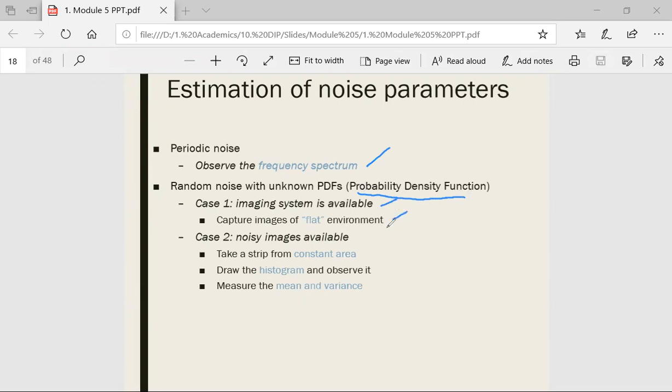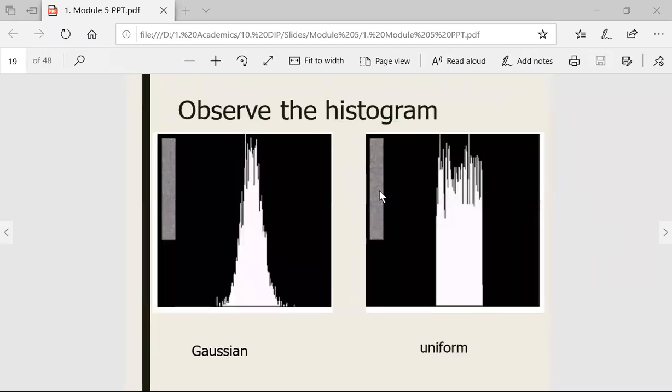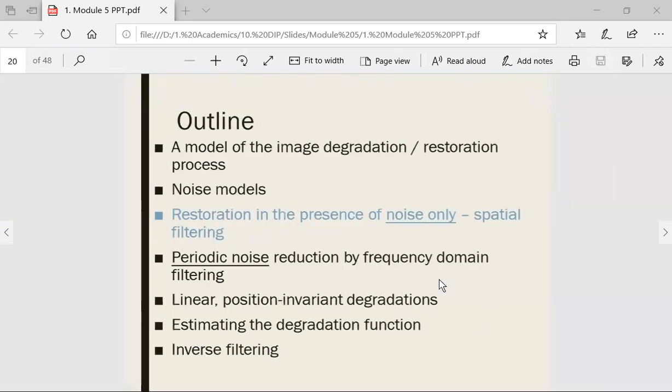Case 2: noisy images are also available, take a strip from a constant area, draw the histogram and observe it, then measure the mean and variance. After knowing all these values, you can choose which type of filter to apply to remove the noise. We have already explained Gaussian, uniform.